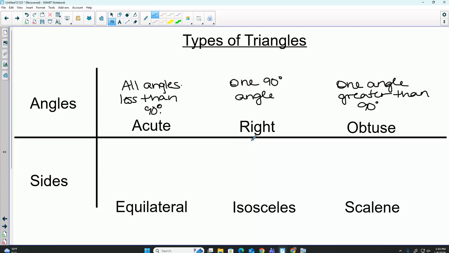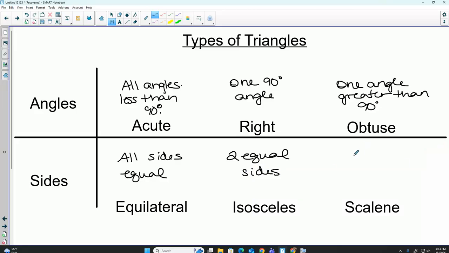Okay, we can also classify based on sides. What does it mean to be equilateral? What about isosceles? Two equal sides, one different, two the same.